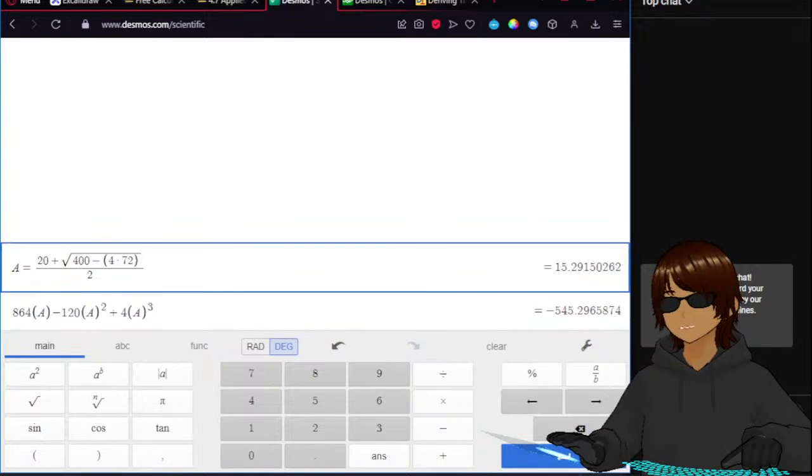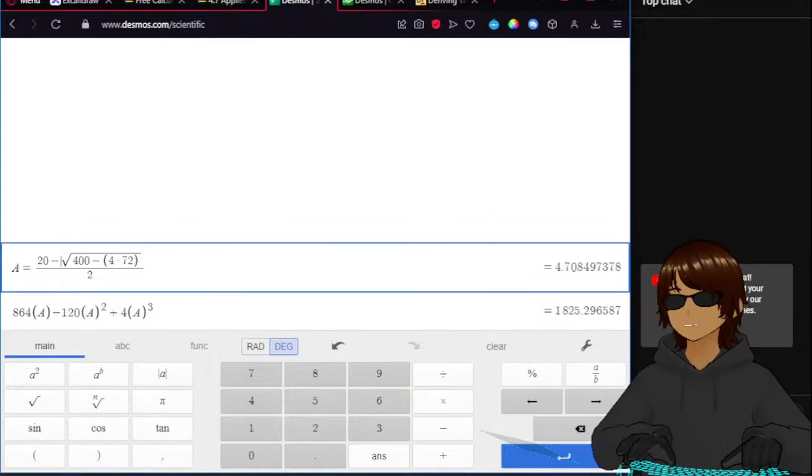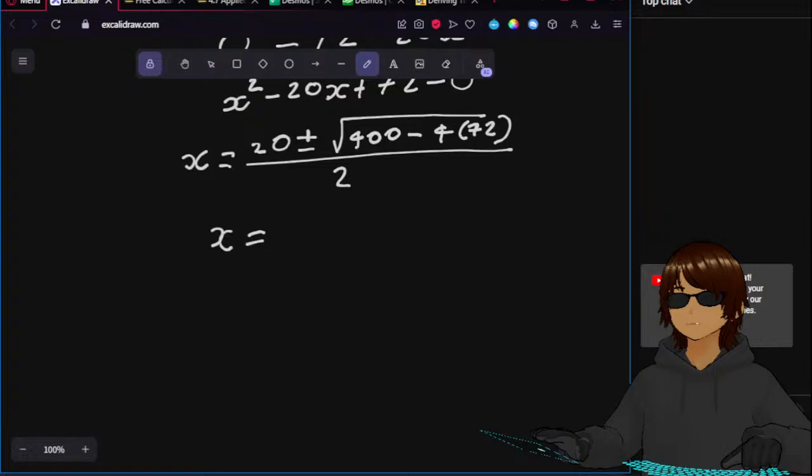I get a negative number, but if I do this, I get a positive number. So the answer is 4.71.